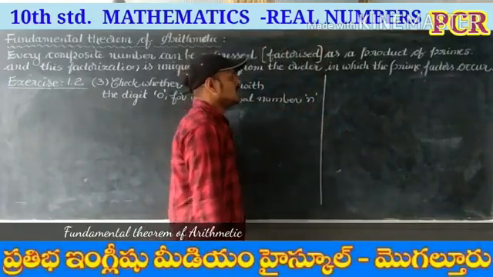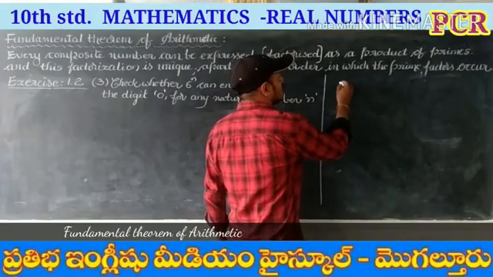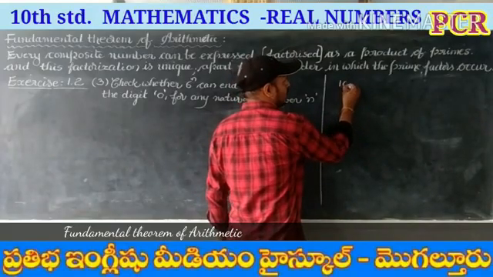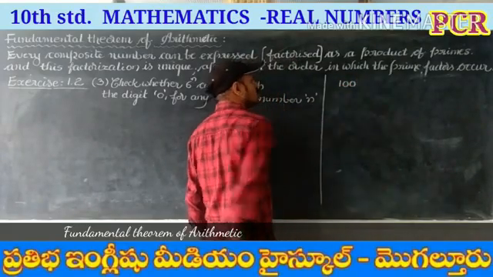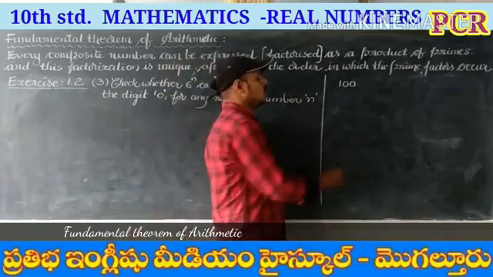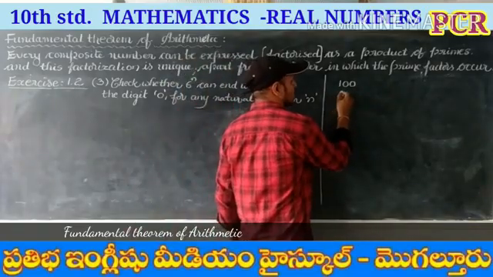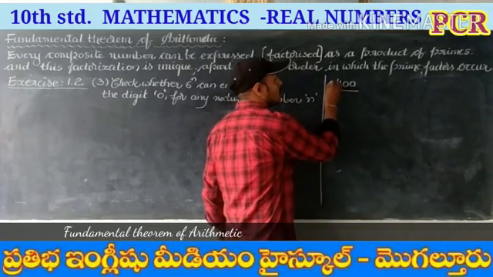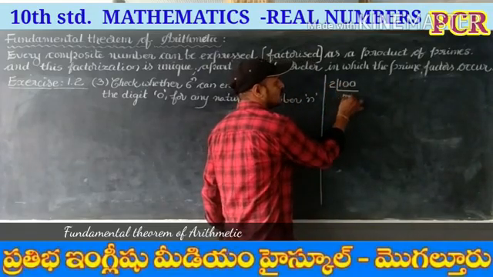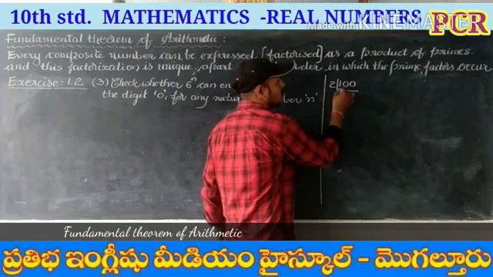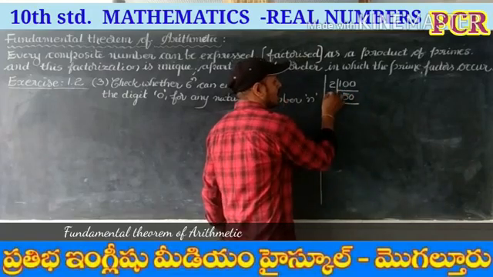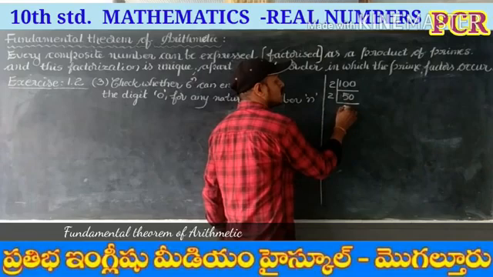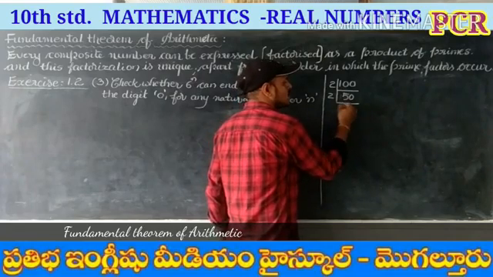Let's see some numbers that end with 0. Let's see 100. So it ends with 0. Let's do the prime factorization. First prime number 2. How many times? 50 times, and again 2. How many times? 25 times.